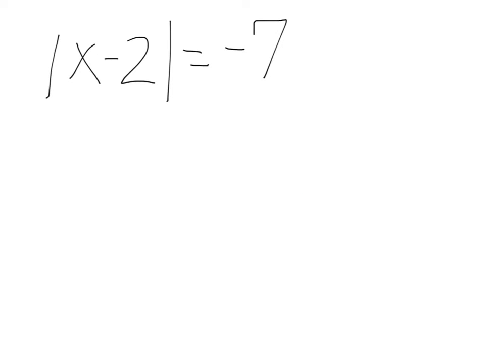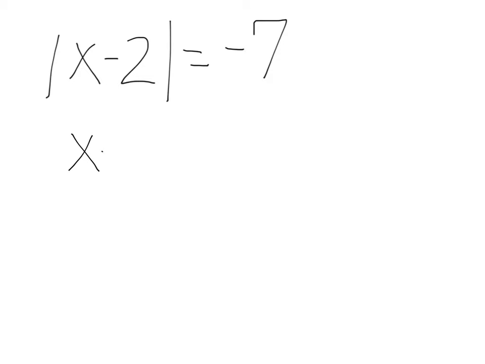Here's one that might be a little confusing for you. As I said before, absolute value is always positive. So what you do in this equation is isolate the absolute value, which has already been done, and then release the expression from the absolute value bars.